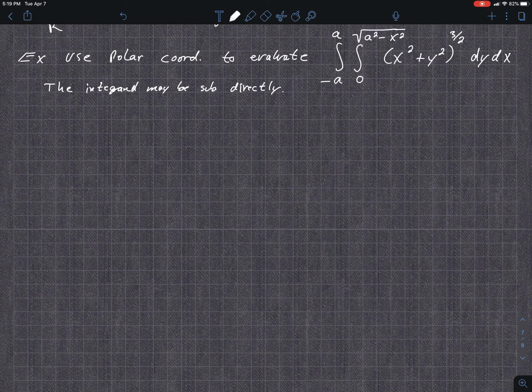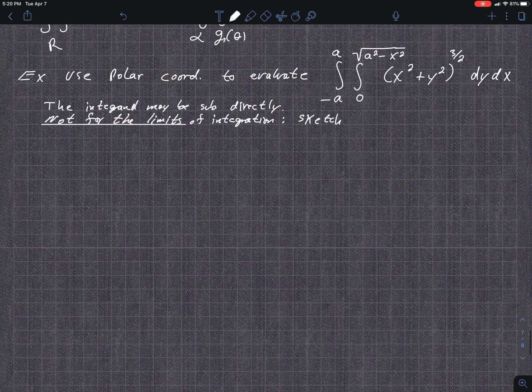So the integrand may be substituted directly, but not the limits of integration. That's critical. What we must do is sketch the region and convert.